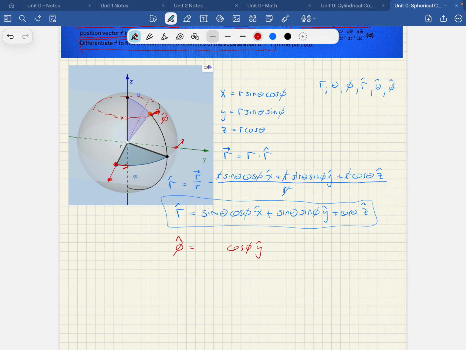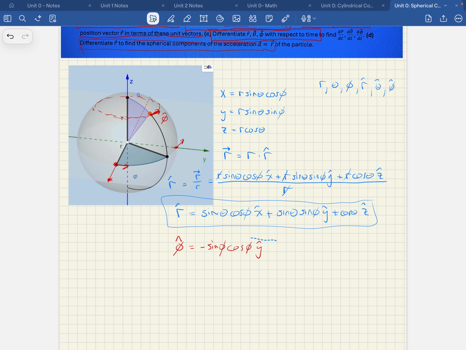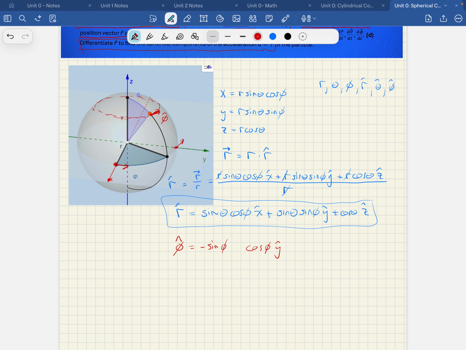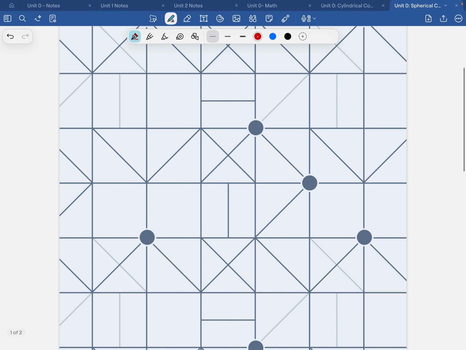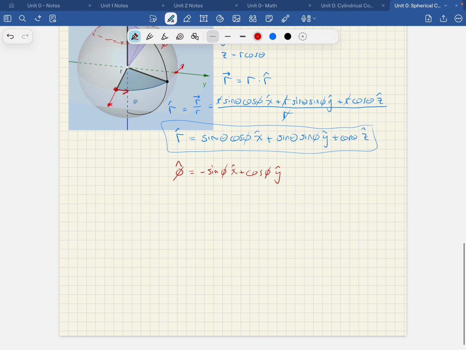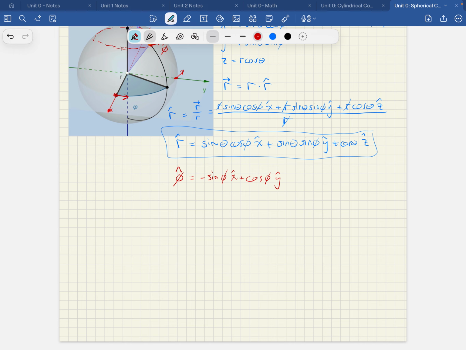And when phi is equal to 90 degrees, we get a negative x-hat, so minus sine phi x-hat plus cosine phi y-hat. And I think that's the same phi hat as cylindrical coordinates, which does make sense.